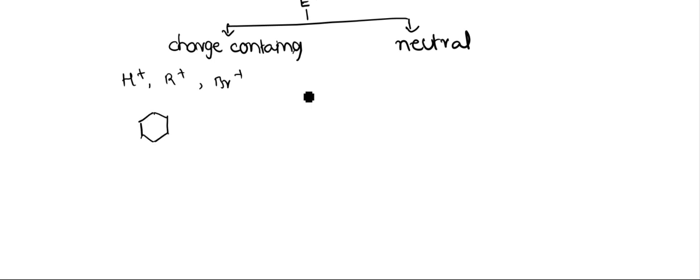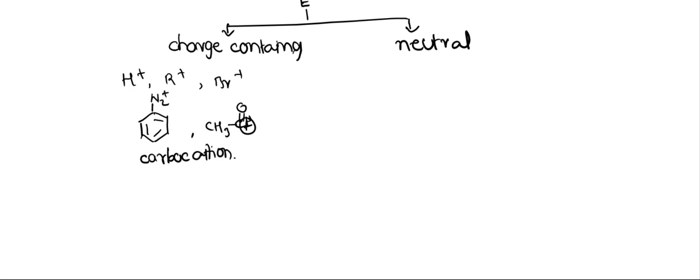Also acylium, CH3 C double bond O plus, a carbocation. I forgot to say that carbocations are reaction intermediates, but they act as electrophiles, and they are charge containing species.